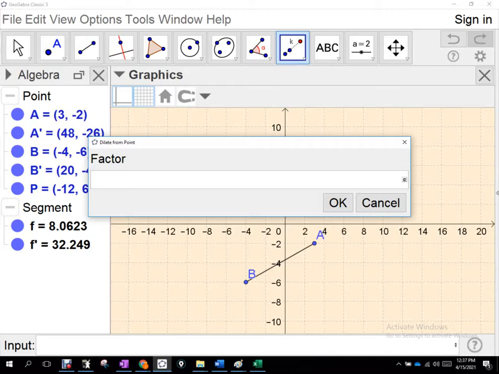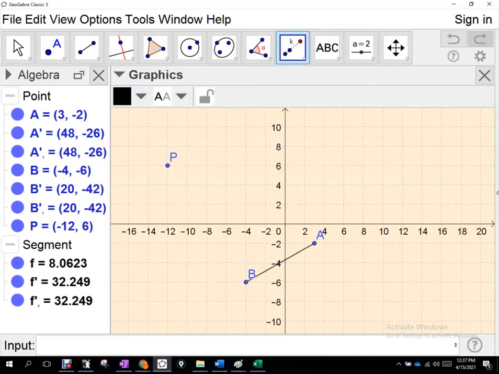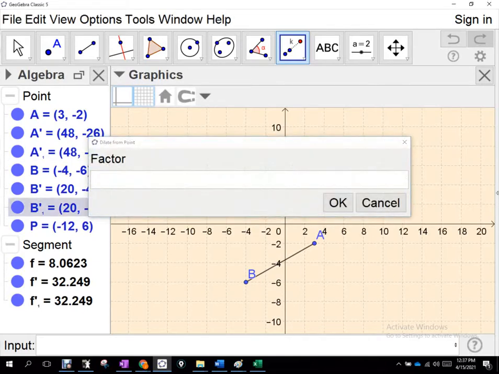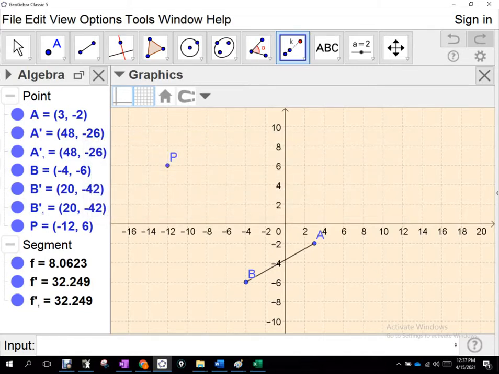Then this will pop up. When the user types in 4, take those differences, multiply them by 4, and then add back in point P, and it gives me exactly what we want. Spit it back out visually. Does that kind of make sense?